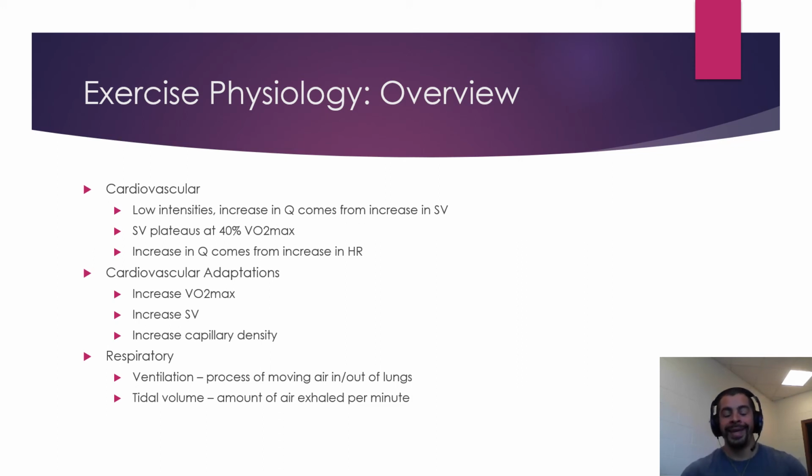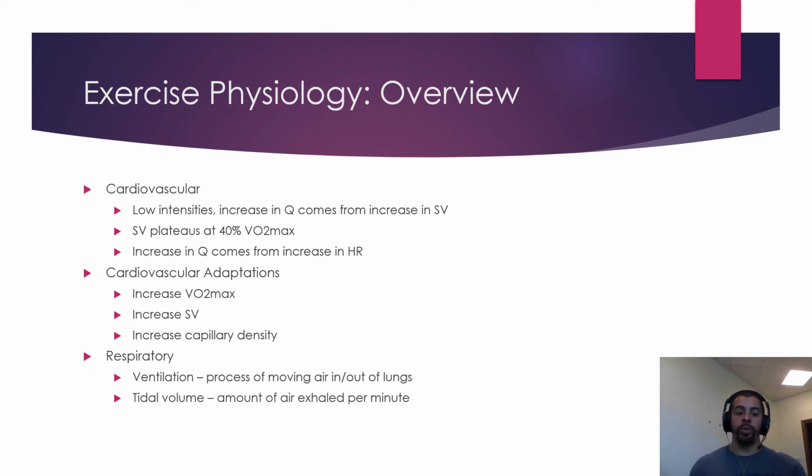Once intensity increases, typically this is around 40% of VO2 max, heart rate becomes the primary reason why we actually pump more blood per minute, just because our heart is beating a lot faster. We go from a resting heart rate of about, let's say, 70, 80 beats per minute. As we start to exercise a little bit, that can go to 100, to 110, to 120.